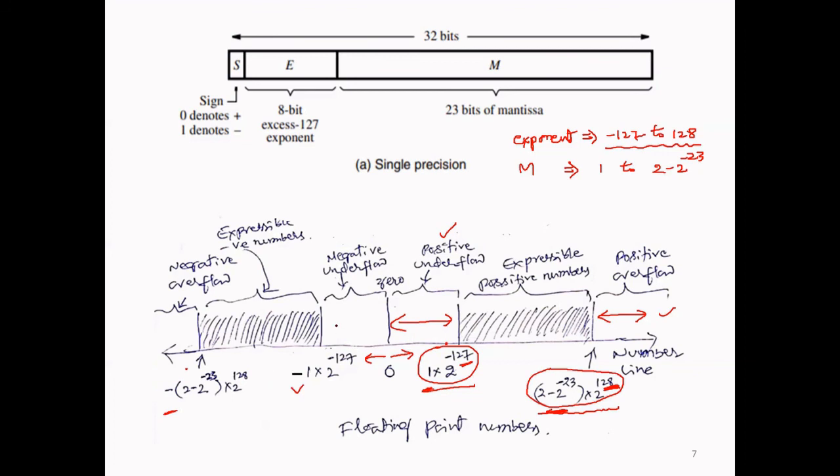That's all. From here, that is a negative underflow. Here we cannot represent, that is negative overflow. This is the minimum number on the negative side and this is the maximum number on the negative side that we can represent. That's all about the range diagram of floating point numbers.